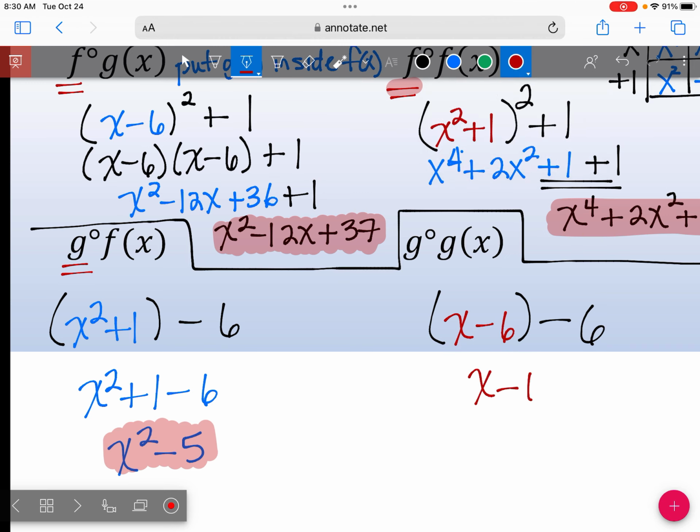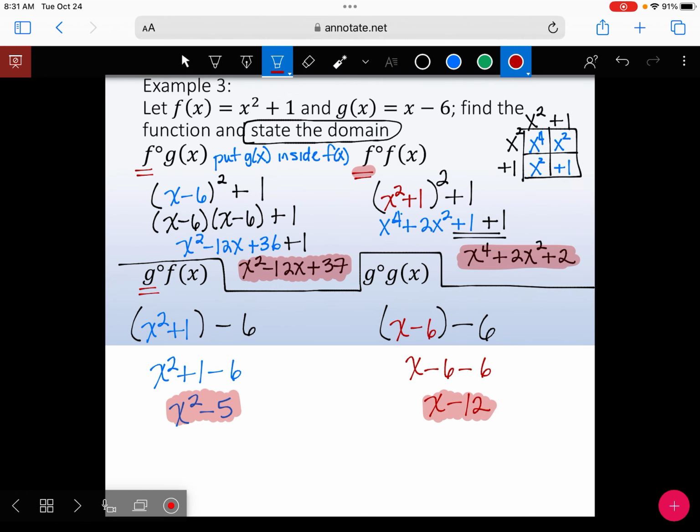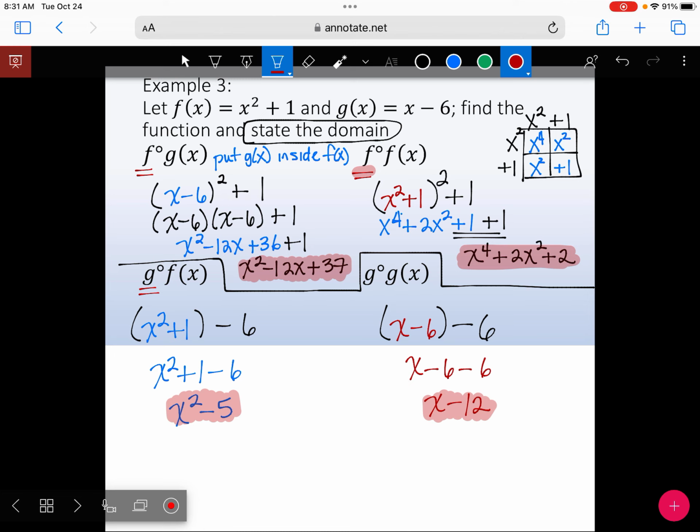So I'm left with x minus 6 minus 6, which is x minus 12. All right, any questions about example 3?